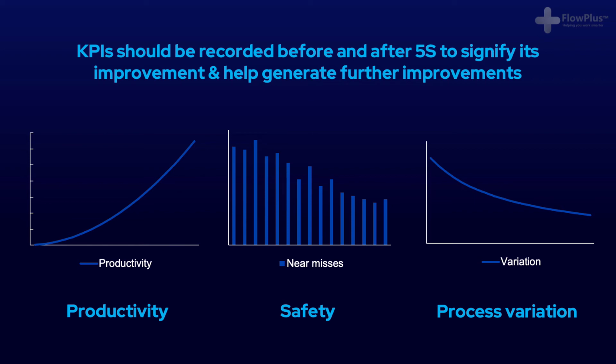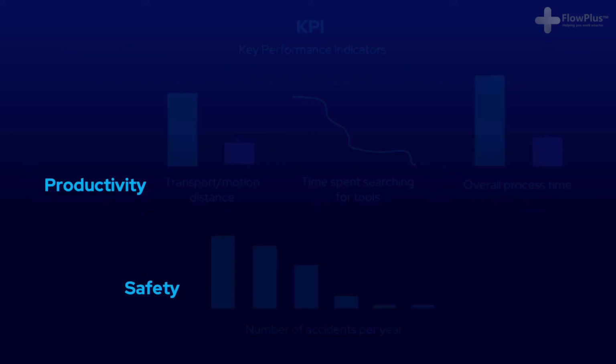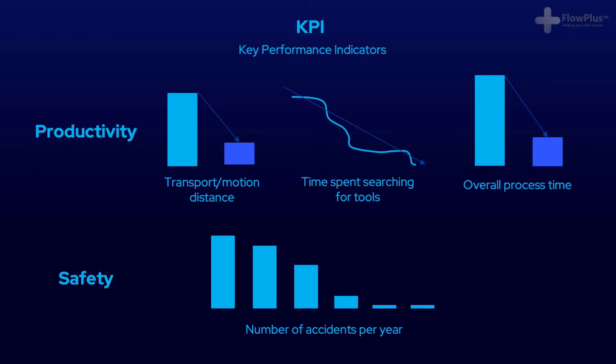Examples of KPIs that could be measured would be the overall process time, which would signify the productivity, the transport and motion distance, which would relate to the waste of motion and transport, and the time spent searching for and retrieving tools and equipment. For example, a successful 5S initiative might find the overall process time has reduced by 30%.